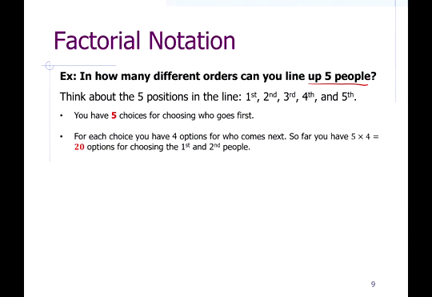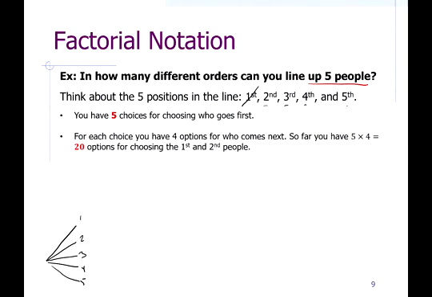Now, for each of those 5 people, say person 1, person 2, person 3, person 4, person 5. For each of those 5 people, well, the first person is gone, so now you have 4 people left. And of those 4 people, you have to choose one to be second in line. So now you have 4 choices.